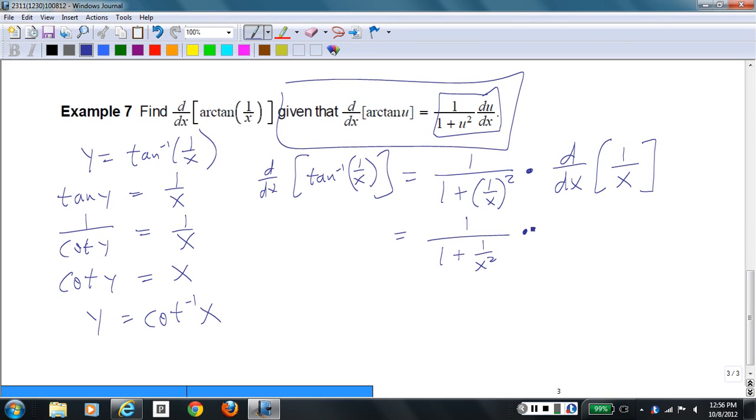This is d dx of, may I just scratch that and call that x to the -1? That should be okay, huh? You can look at that and say, oh yeah, that's 1 over x. Apply the power rule. -1 times x to the -2.